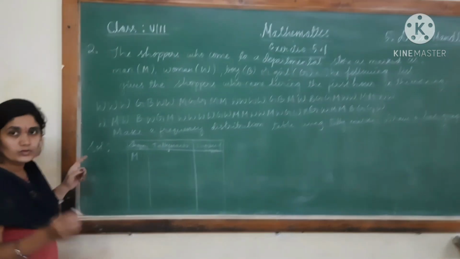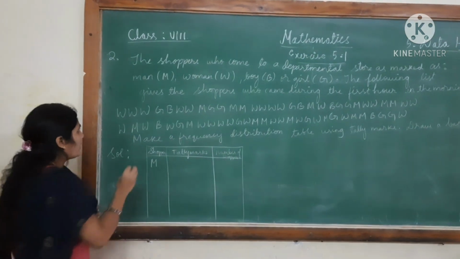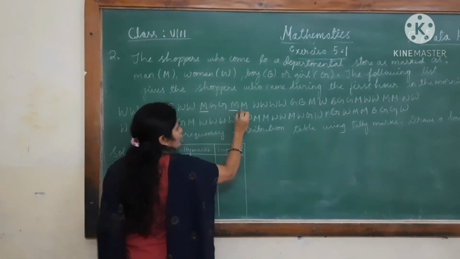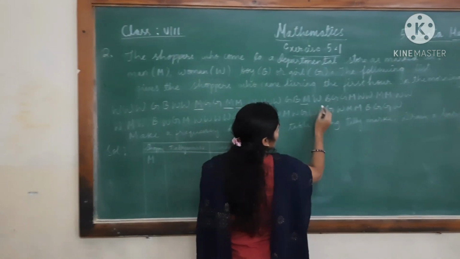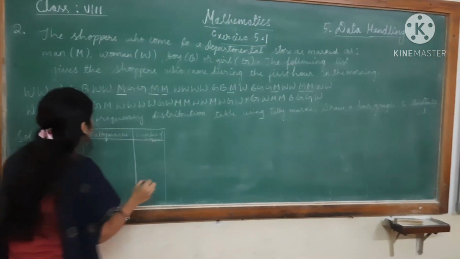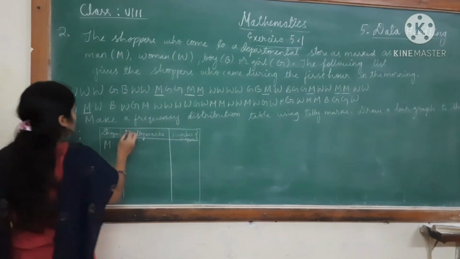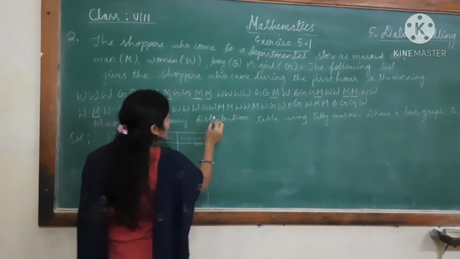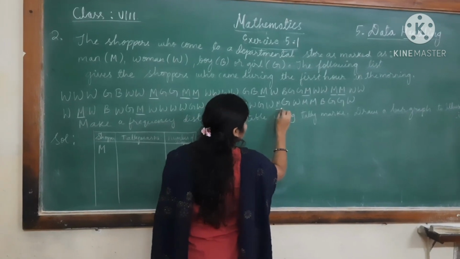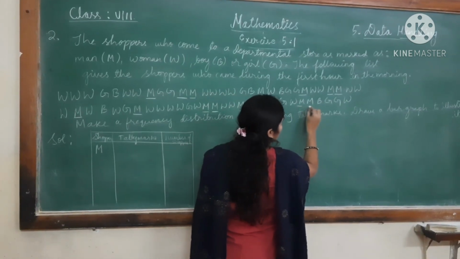First I am using a method to strike out M, that is underline M wherever you get M. 1, 2, 3, 4, 5, 6, 7, 8, 9, 10, 11, 12, 13, 14, 15.